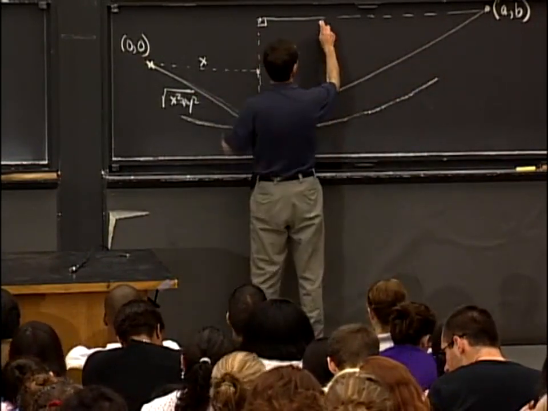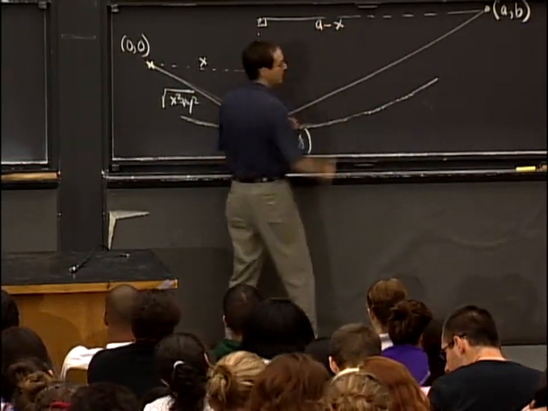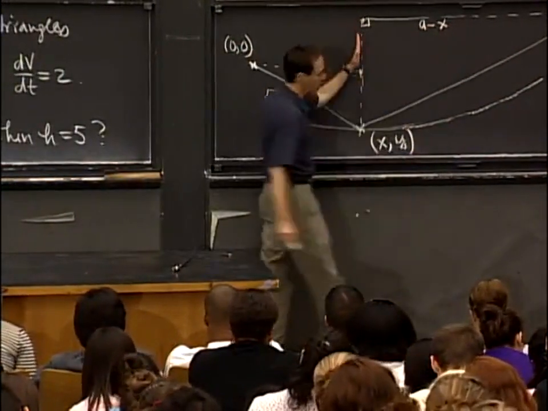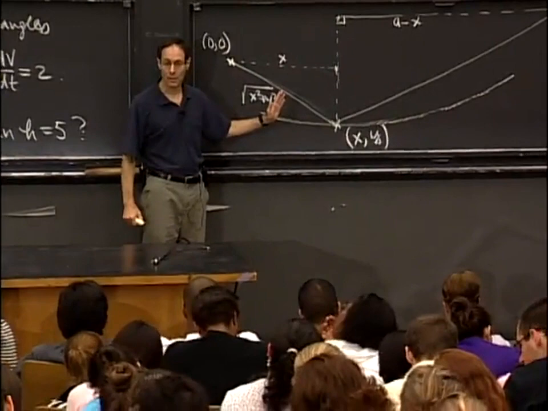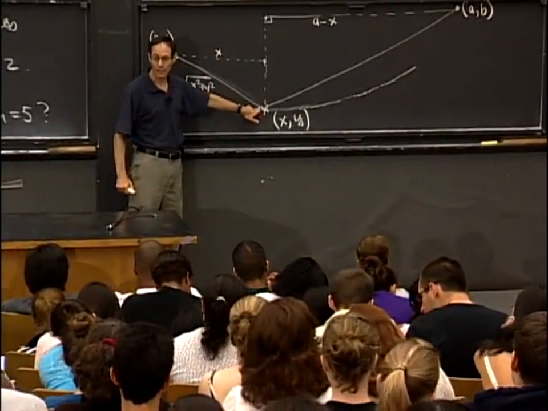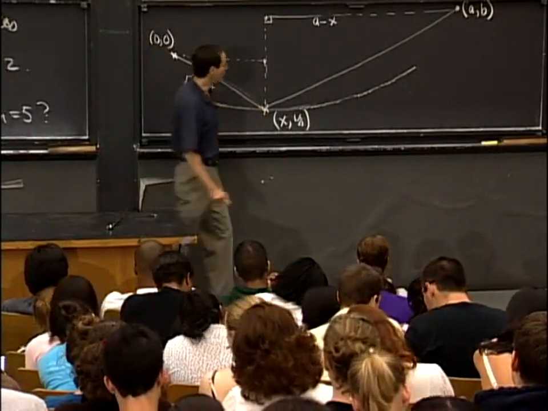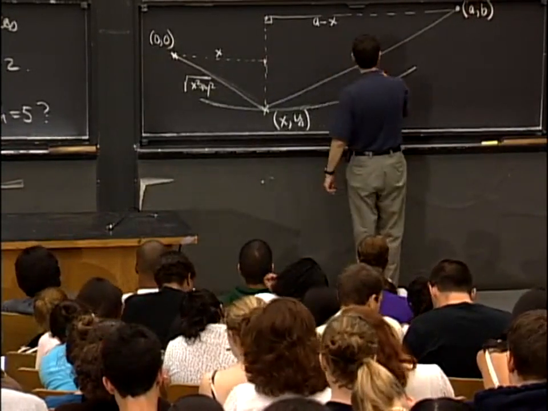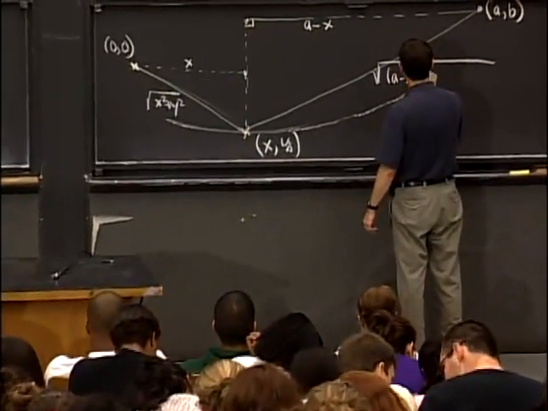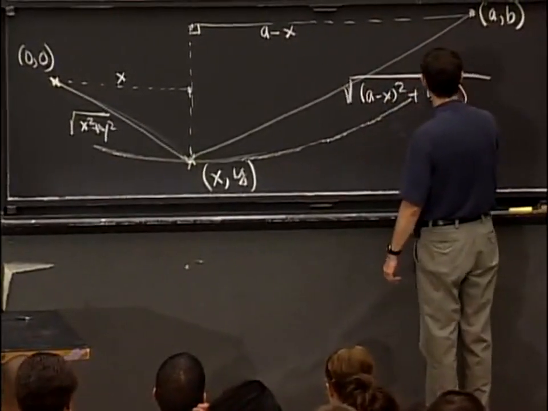So the whole distance is a minus x. All right, so that's this leg of this right triangle. And similarly, the vertical distance will be b minus y. And so the formula here, which is a little complicated for this length, is the square root of (a minus x) squared plus (b minus y) squared.